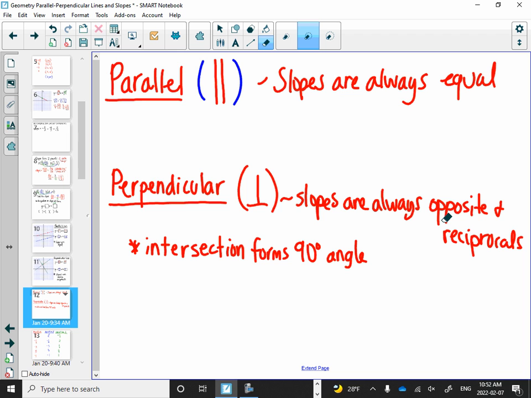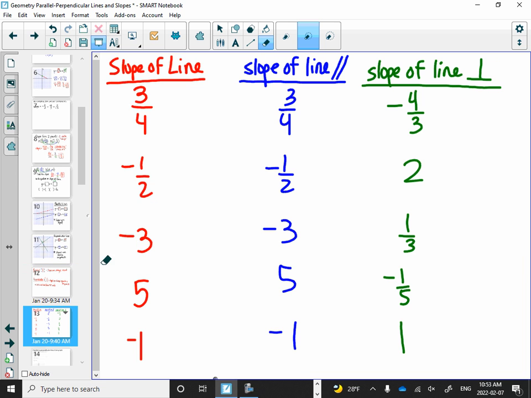They are opposites and they are reciprocals. So, if we know that the slope of a line is 3/4, then the slope of a line that is parallel is also 3/4. And the slope of a line that is perpendicular to that line is -4/3, because it's opposite, so it's negative, and the reciprocal is 4/3.